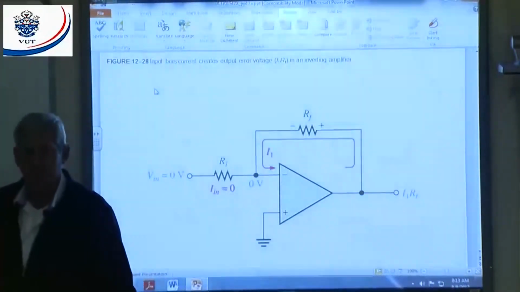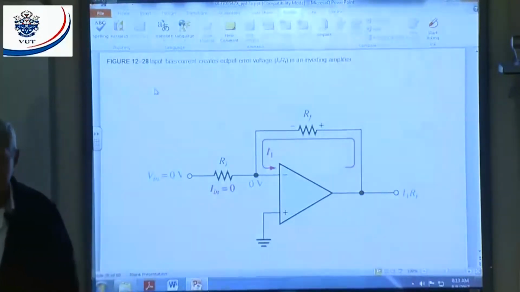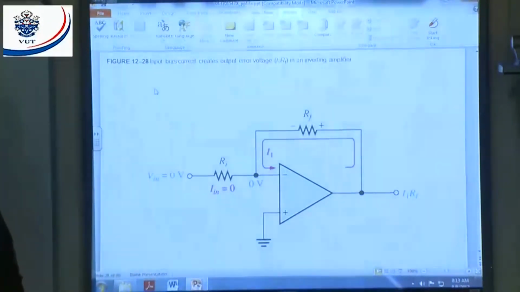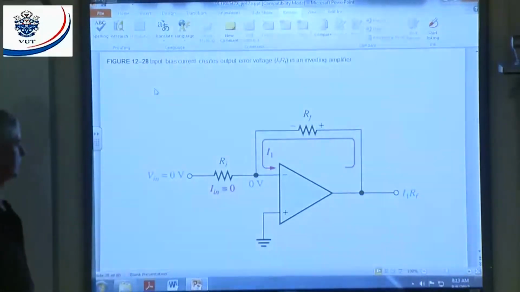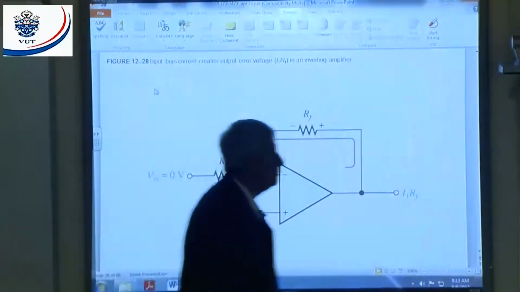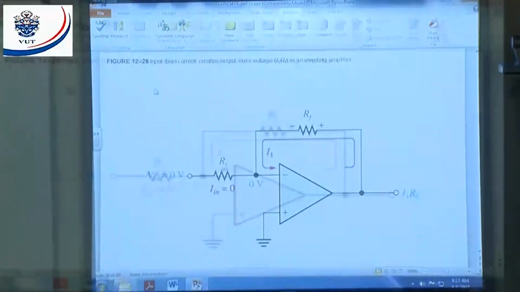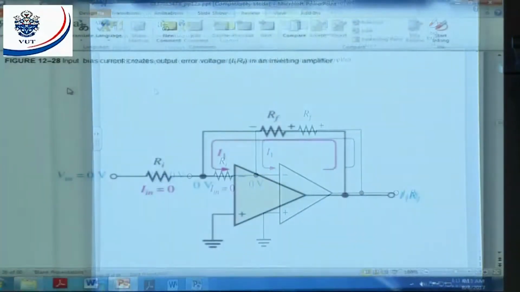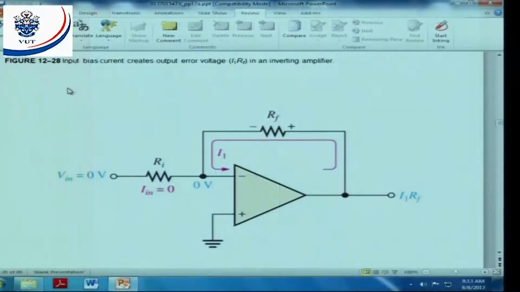In the case of my inverting amplifier, I will again get the parallel resistance value of R in and RF, and that will be my compensating resistor. Normally we had that connected directly to my reference as indicated there. We didn't have a resistor there, but to compensate for that, we can use that compensating resistor.